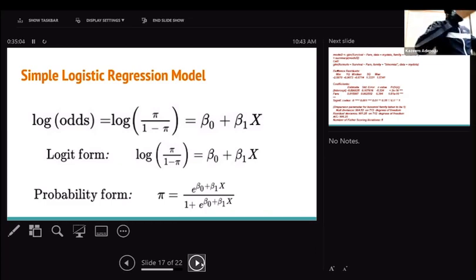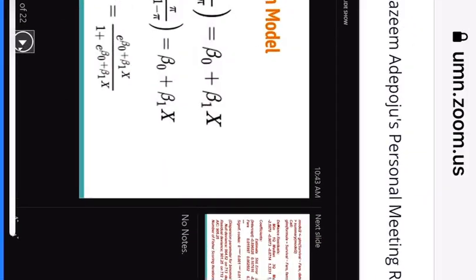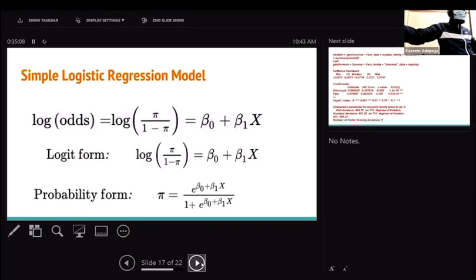You remember, when I was walking you through transformation, we could do the log of the response, right? But when you do the log of the response for a categorical outcome variable, that will not achieve results. Now, what are we going to do? We need to do the logarithm of the odds. Because of that, I'm going to tell you the meaning of odds.